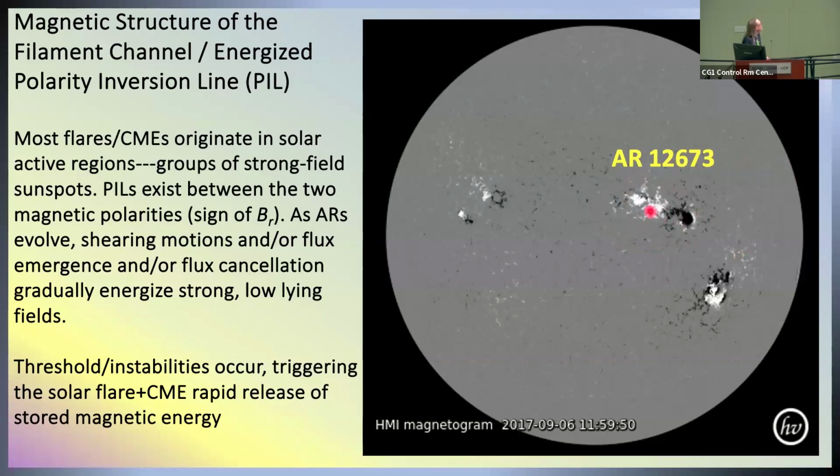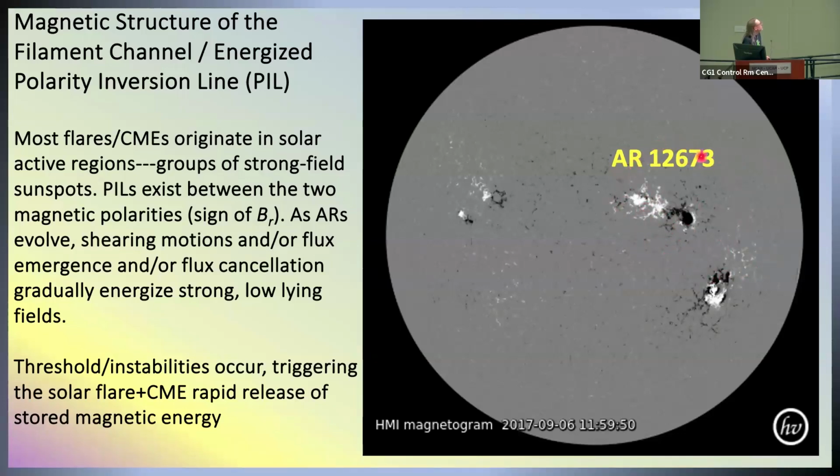We see very concentrated, strong fields right up against each other. There's also some indication of intermixing of positive and negative polarity in various places. So that's going to create some structure in the overlying field. But in general, this is the starting point.